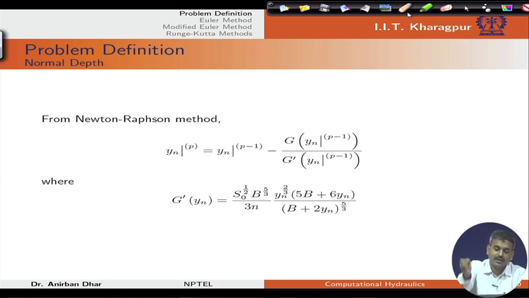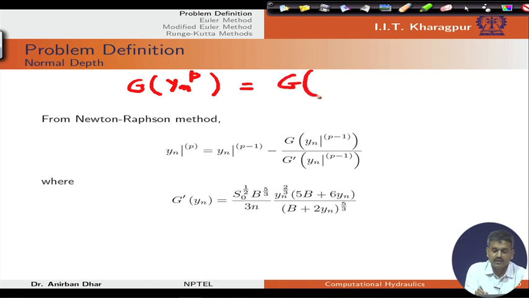In the Newton-Raphson method, let us say we are considering our y n value at p, g p, and this equals, let us say, g of y n p plus del y n.